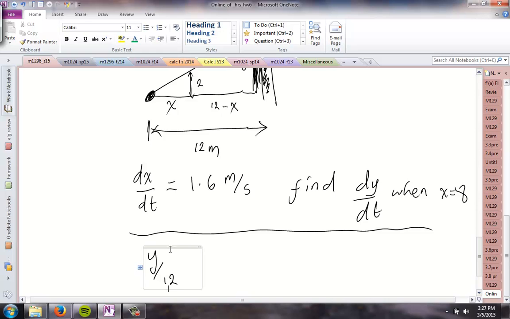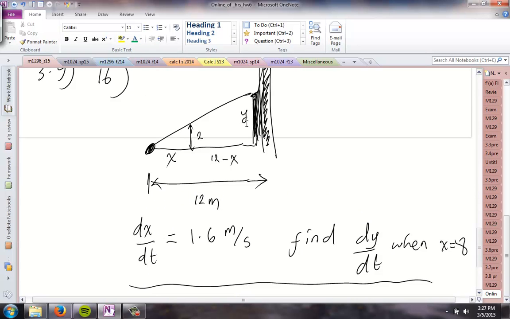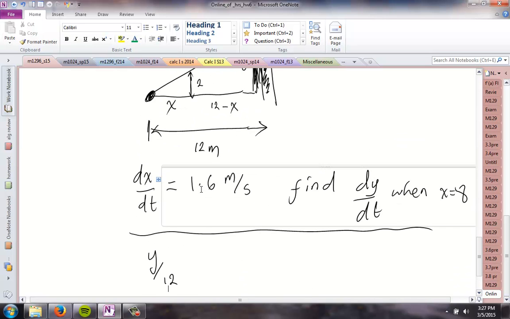That's the ratio between the height of the person's shadow on the wall and the distance of the light from the wall.